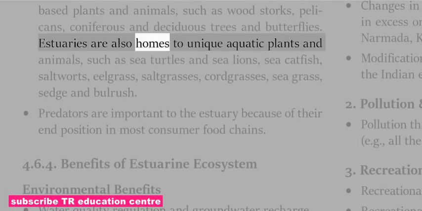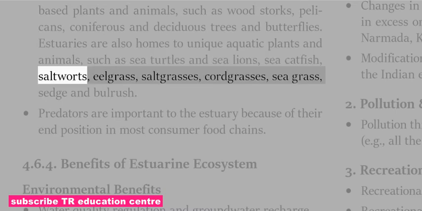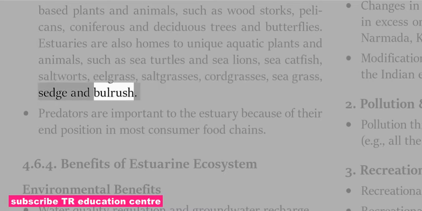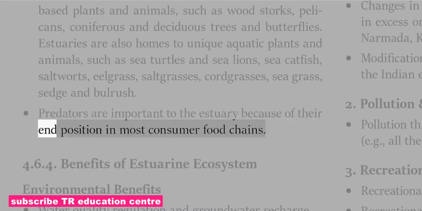Estuaries are also homes to unique aquatic plants and animals, such as sea turtles and sea lions, sea catfish, saltworts, eelgrass, salt grasses, cord grasses, seagrass, sedge and bulrush. Predators are important to the estuary because of their end position in most consumer food chains.